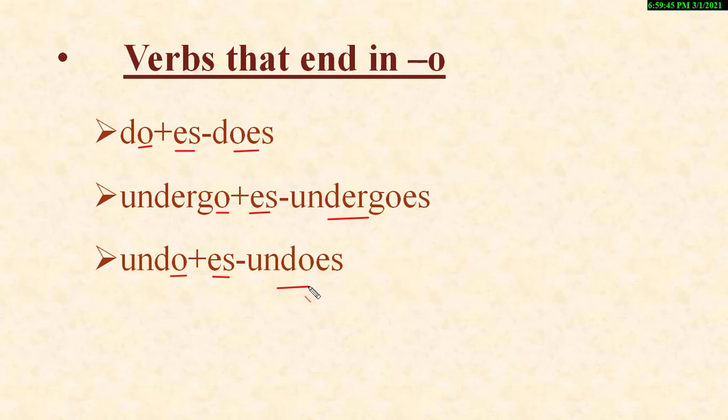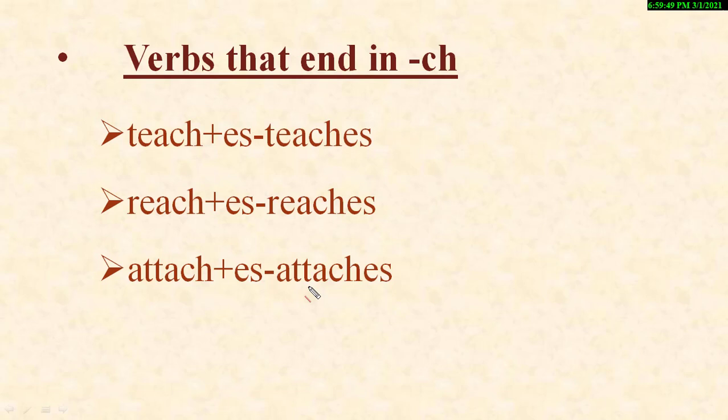And all these verbs are the singular verbs. Now let's see the verbs that end in ch. We have the first example here, that is teach. Teach ends in ch. So we should add es with teach. It becomes teaches. It is a singular verb. The next verb is reach.